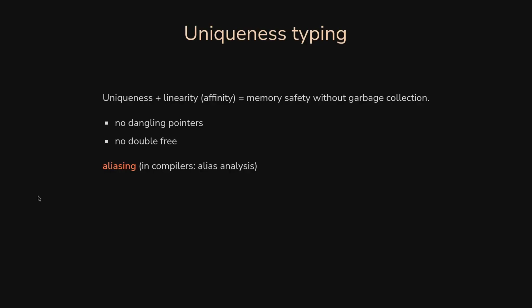All compilers, like in C and C++, actually do this kind of analysis. It's just an approximation. They don't have a type system, but they do alias analysis to try to deduce interesting things. But it's nowhere near as powerful as in Rust, where it's guaranteed by the type system. So aliasing is really an important property for soundness.